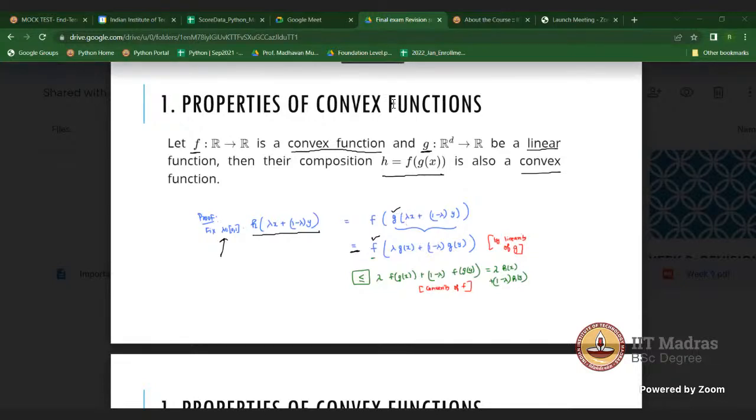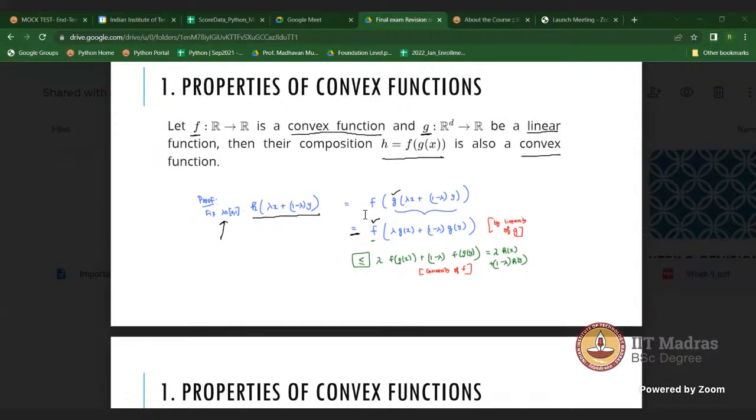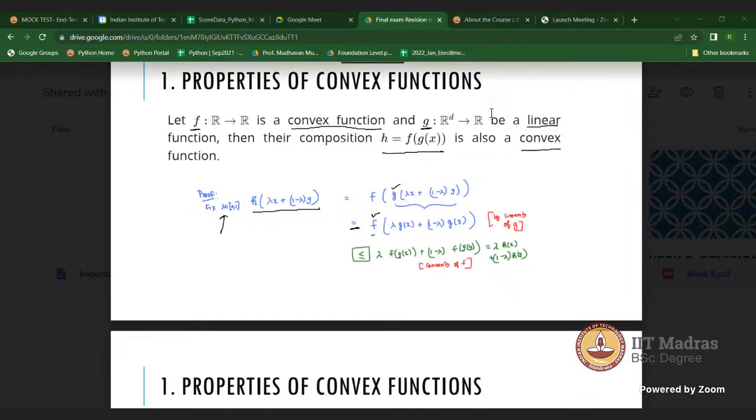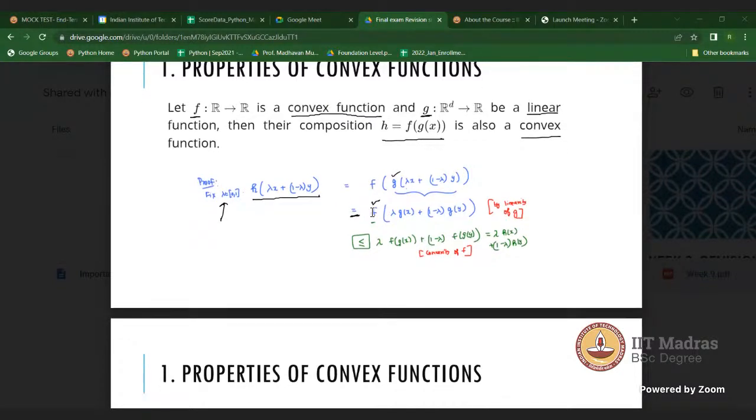That's how we can write this, otherwise we cannot. So this will be less than or equal to lambda into f of g of x plus 1 minus lambda into f of g of y. This is because f is a convex function. So from step 2 to step 3 we have written this because f is a convex function. Because of this we can say that when f is a convex function and g is a linear function, then f of g of x is again a convex function.